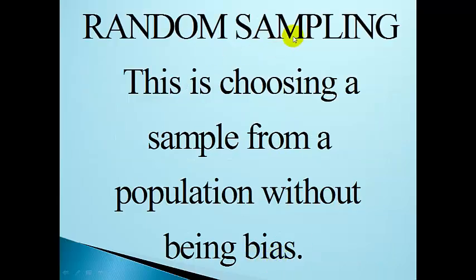Now random sampling. This is choosing a sample from a population without being biased. So when we say random sampling, it means that we are choosing a sample from a population without being biased.